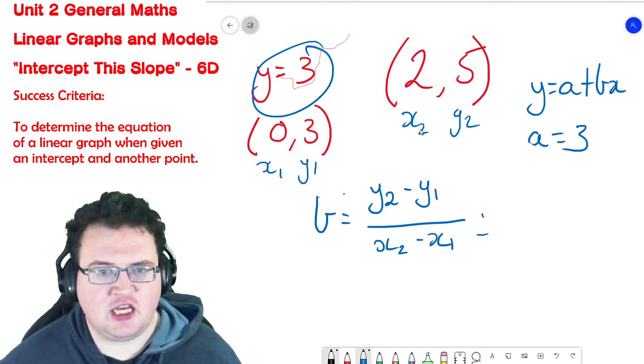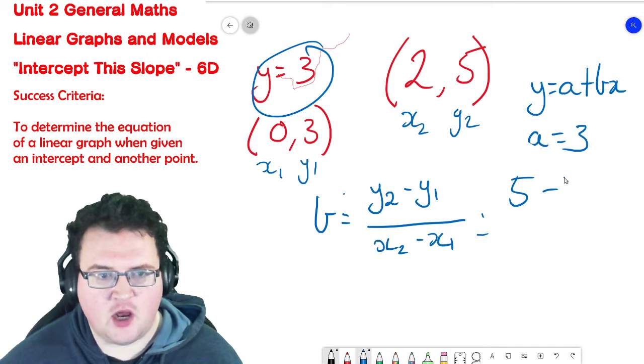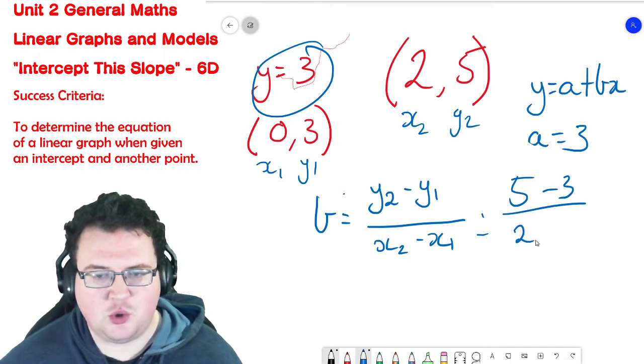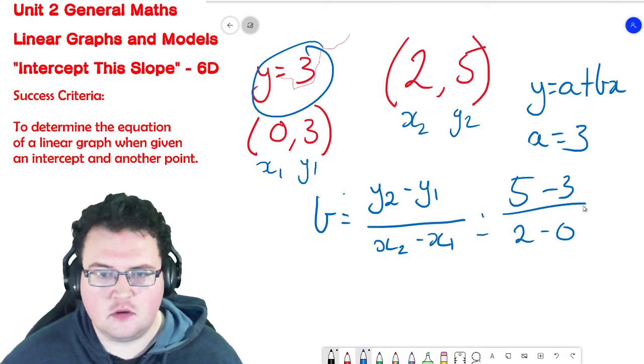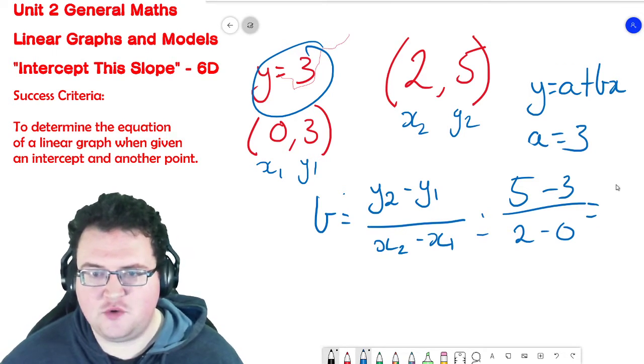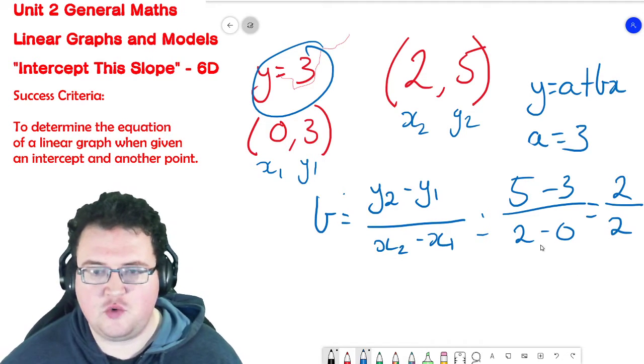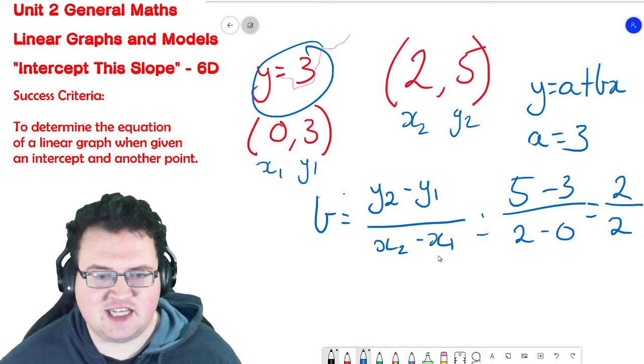So I'm going to substitute it in here. It's going to be 5 minus 3 divided by 2 minus 0. 5 minus 3 is 2, and 2 minus 0 is also 2. So what does that mean my gradient is equal to?